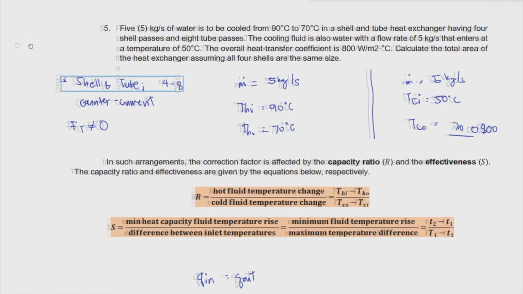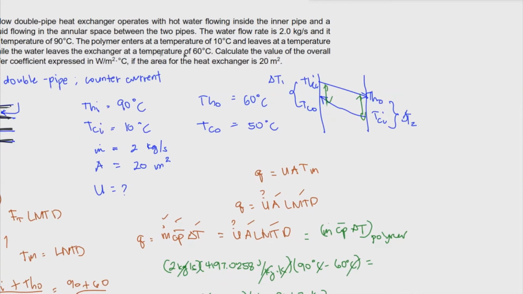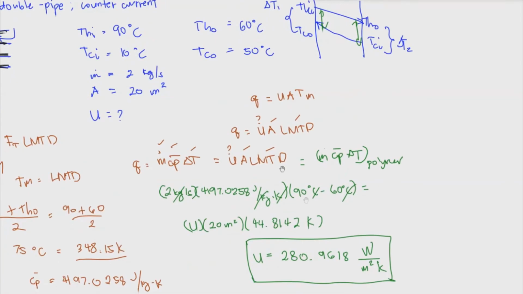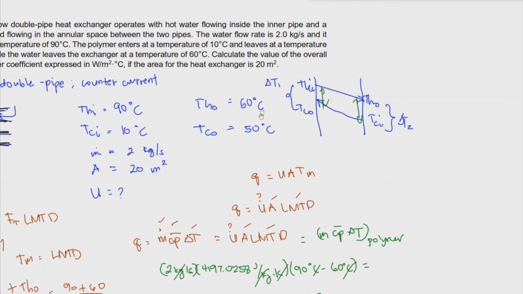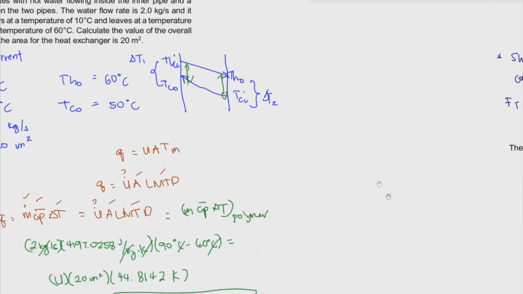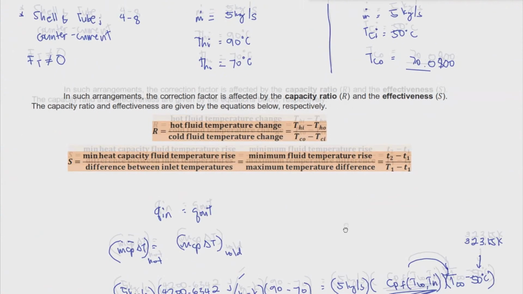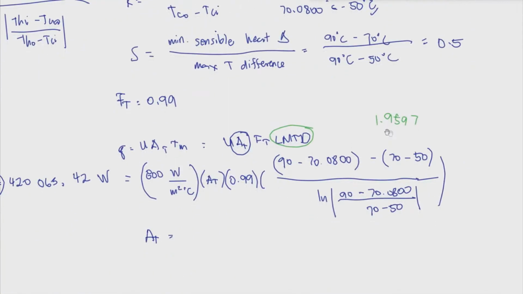In our previous example, we have 90 and then 60, so that's 30. So basically the LMTD is 44, and in the same way for 60 and 50 and 10, that's 40. So our answers should be close to those, but as you can see here, we have 20, and then our answer for LMTD is 1.9597.